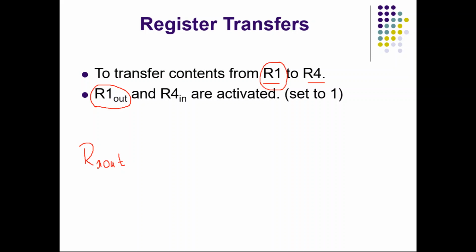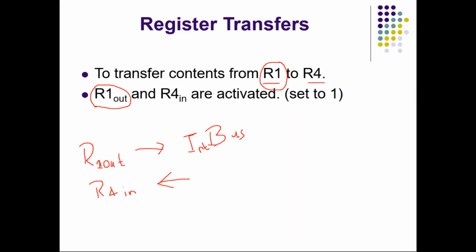The content of R1 will be placed in the internal bus. These two operations are done in the same clock cycle, but in this order: first R1 out, then R4 in. Whatever was available in R1 is now available in the internal bus. Now you say R4 in immediately. When you say R4 in, what happens? The content available in the internal bus.